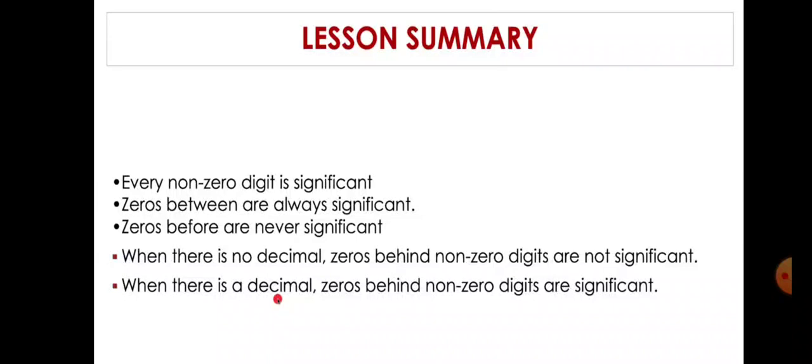Third point, 0s before are never significant. If the 0s are before the non-zero values, they will not be significant. When there is no decimal, 0s behind the non-zero digits are not significant, and when there is a decimal, 0s behind the non-zero digits are significant.